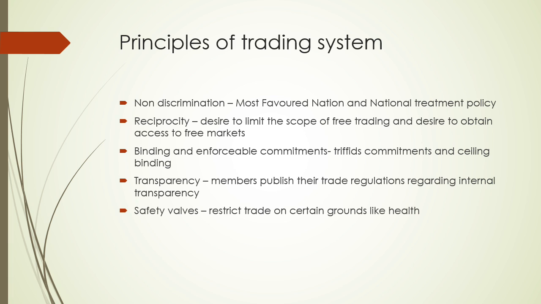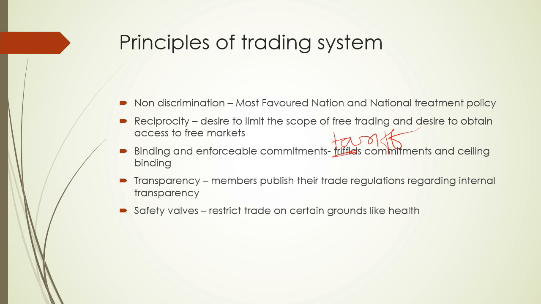Reciprocity: desire to limit the scope of free trading and desire to obtain access to free markets. Binding and enforceable commitments, they are tariff commitments and ceiling binding. Transparency: members publish their trade regulations regarding internal transparency.